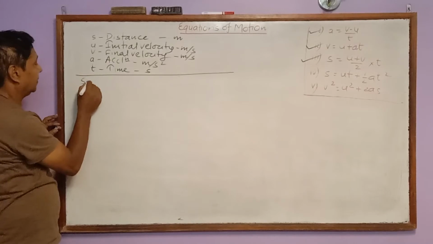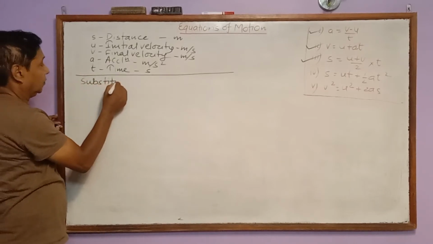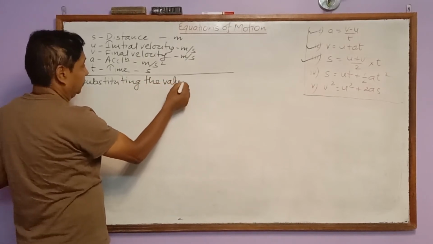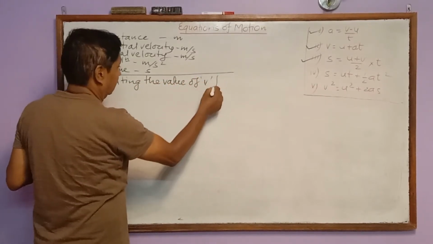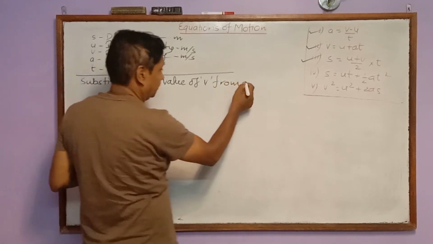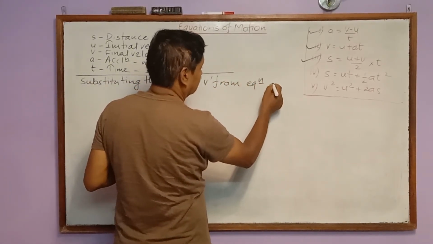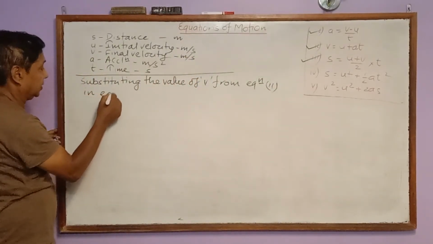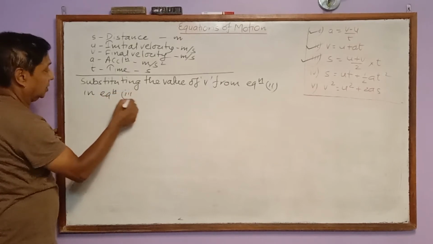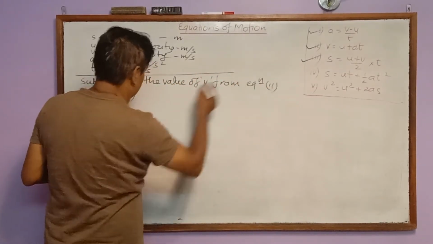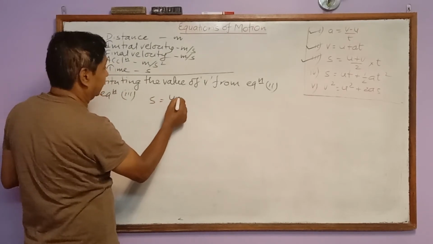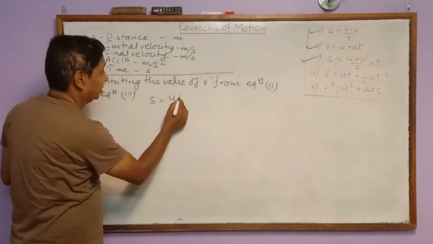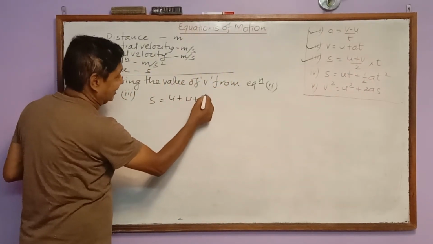Substituting the value of v from equation 2 in equation 3. Now what are we doing? In the third equation, s is equal to u remains the same, but we are taking u plus at in place of v. That's why u plus at.